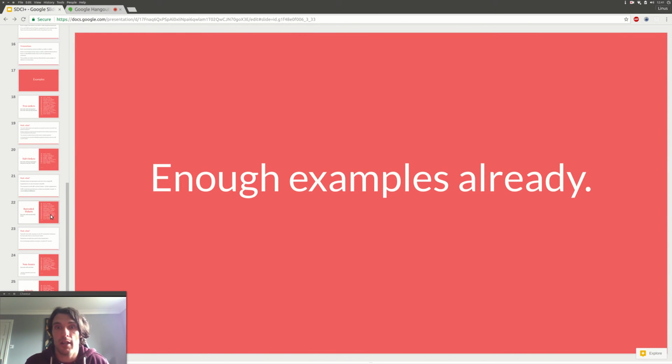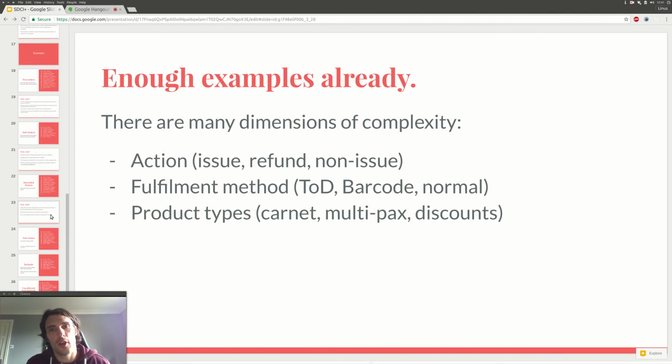Yeah, enough examples already, right? That's plenty. There are a lot more things, but those are the high level ones. So you can already see that there are multiple layers or dimensions of complexity there.